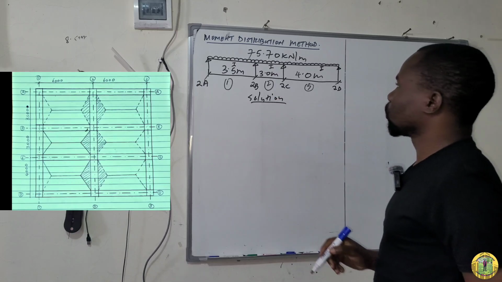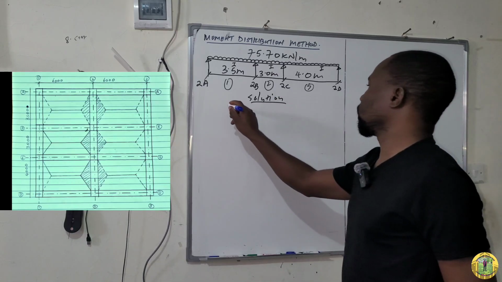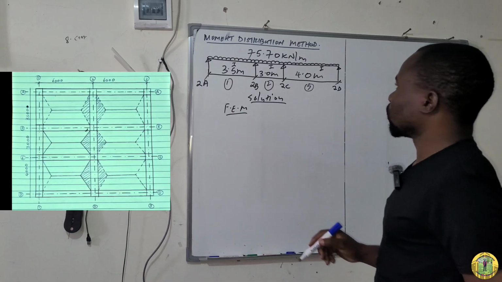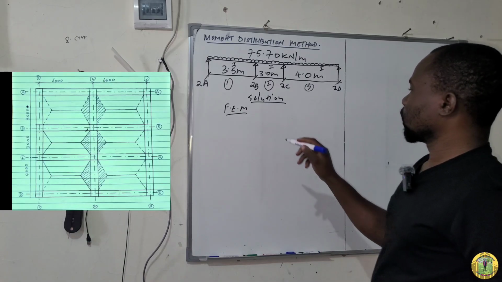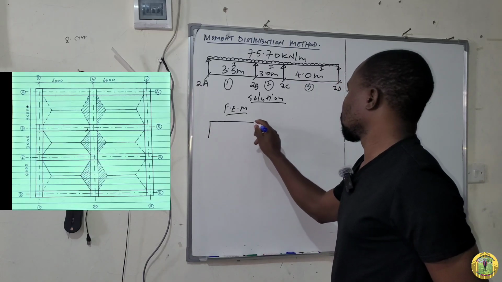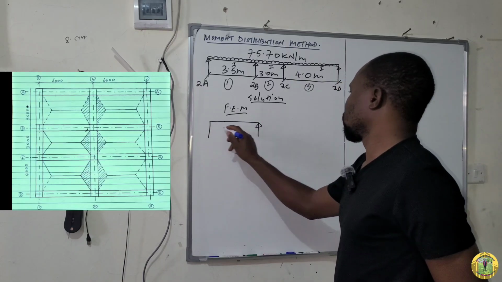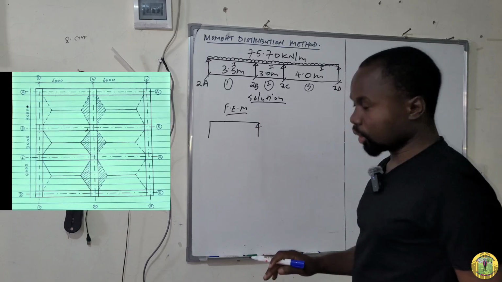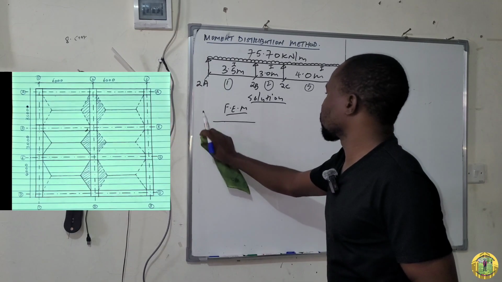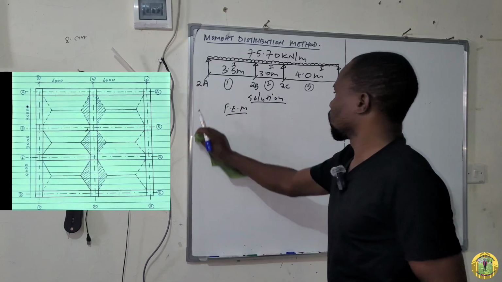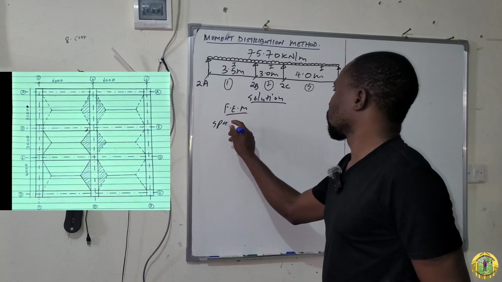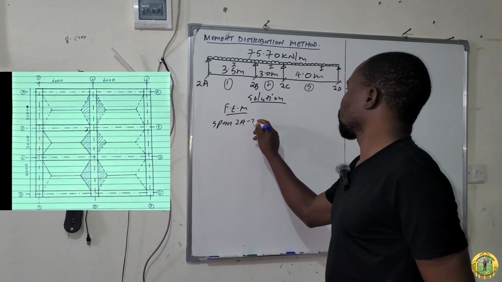Solution. The first thing to do is to start calculating fixed end moment. We will begin by span 2A to B. Now we assume the ends of this support are fixed.